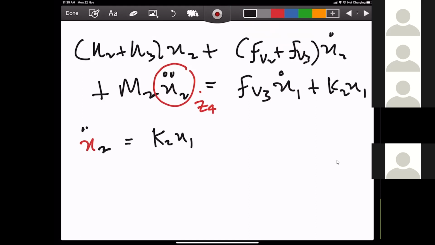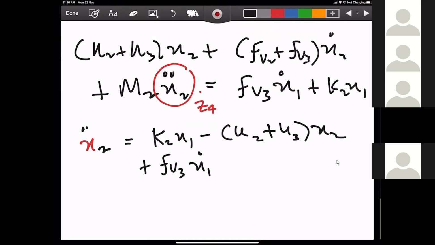So we rearrange negative K2 plus K3 X2, plus FV3 X1 dot, plus FV2 plus FV3 X2 dot, and all divide by M2.